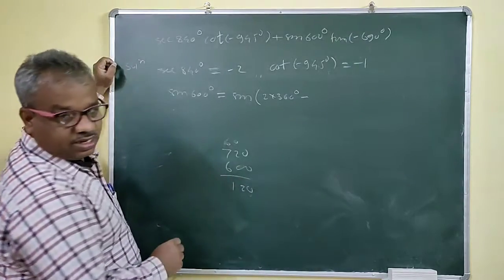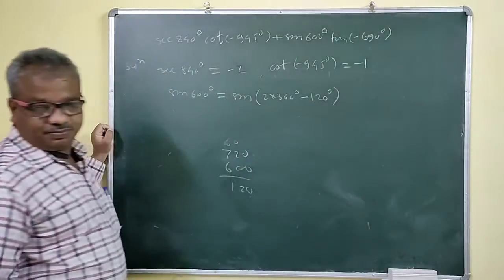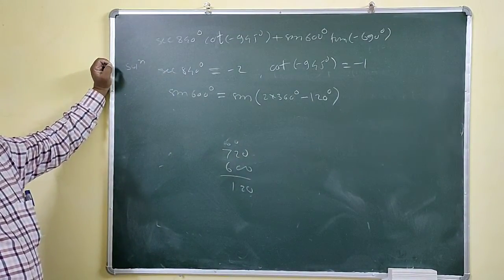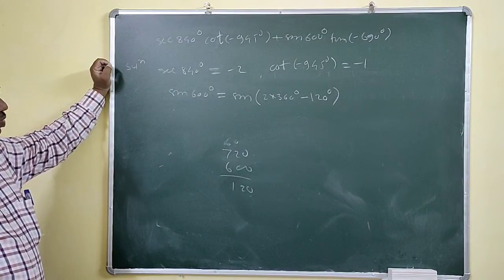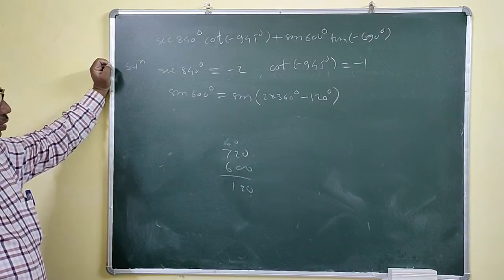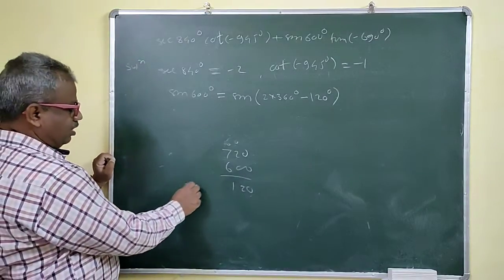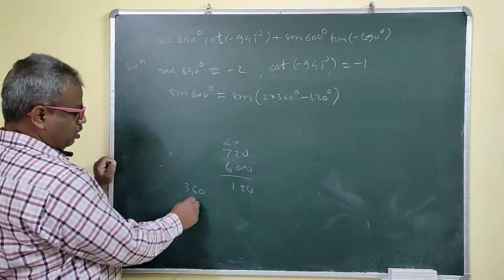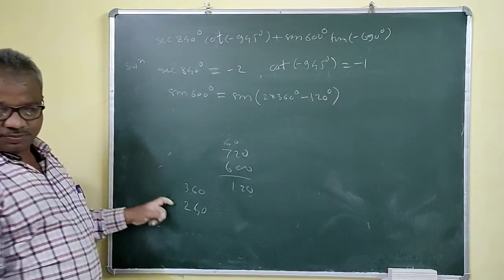So this is 120 degree, right? We can write this as 120 degree, in terms of 2 pi. You should be able to do this one. So you may write 360 degree, then 360 degree if you want to write.